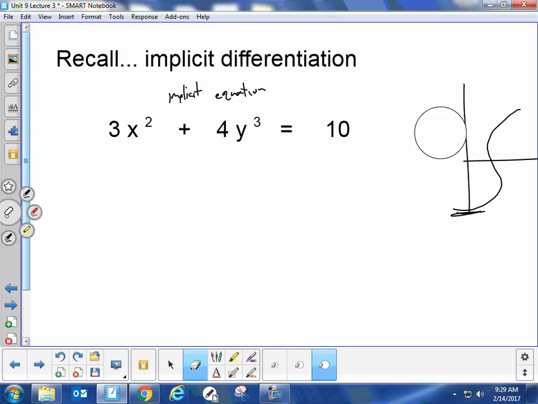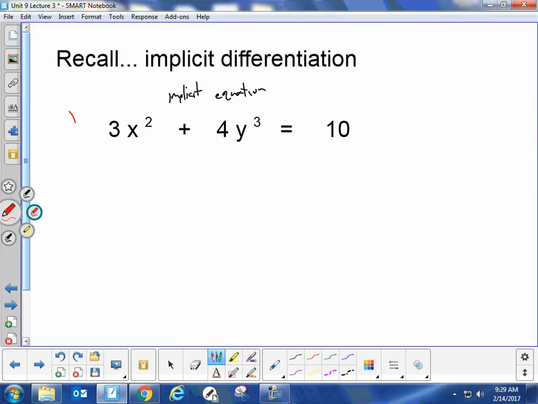Okay, but we asked you guys to be able to take the derivative of this so that you can find dy dx, so that you can tell me what slopes of tangents were at specific points on the implicit equation. Go ahead and take that derivative. Let's see if you remember. It's a nice little review question right here.